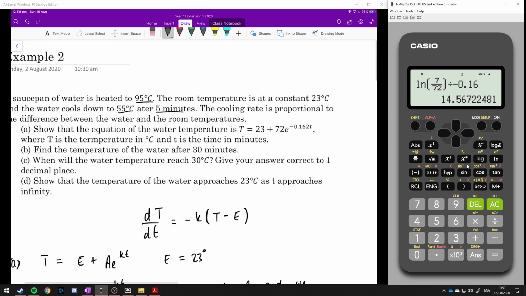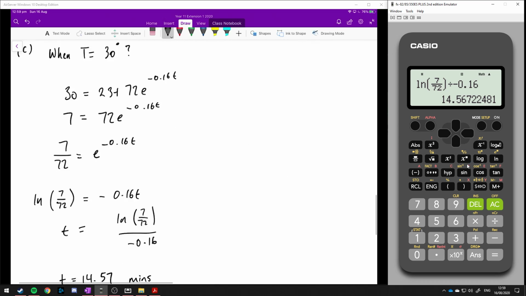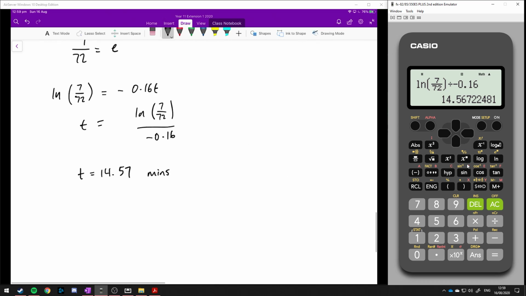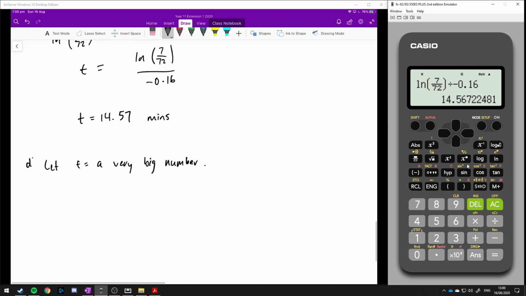Show that the temperature of the water approaches 23 degrees as T approaches infinity. Okay, so quite simply, as T approaches infinity, let's let T be equal to a very big number. So this is part D. Because we can't actually work out what infinity is, we can see what happens when T gets very, very big.